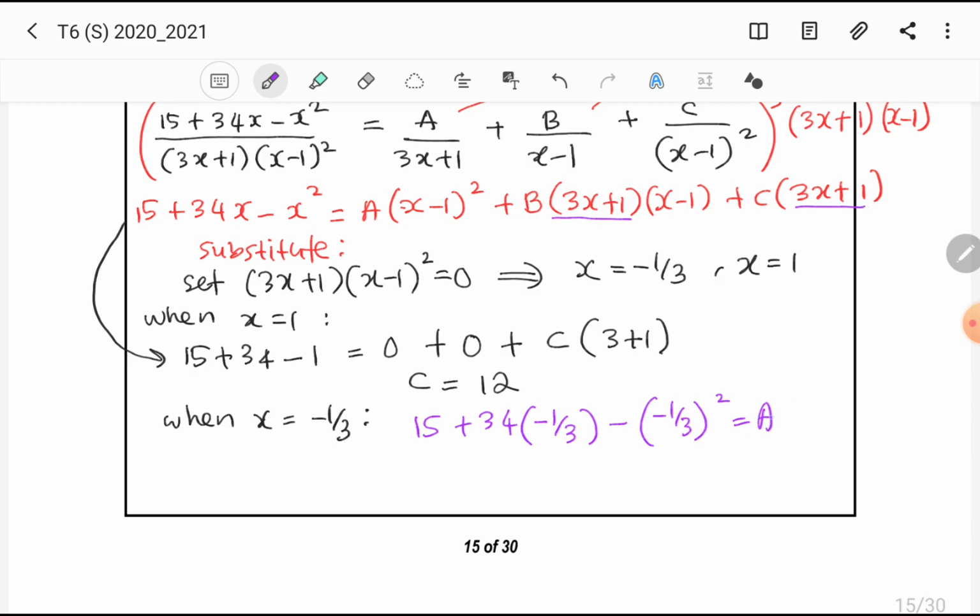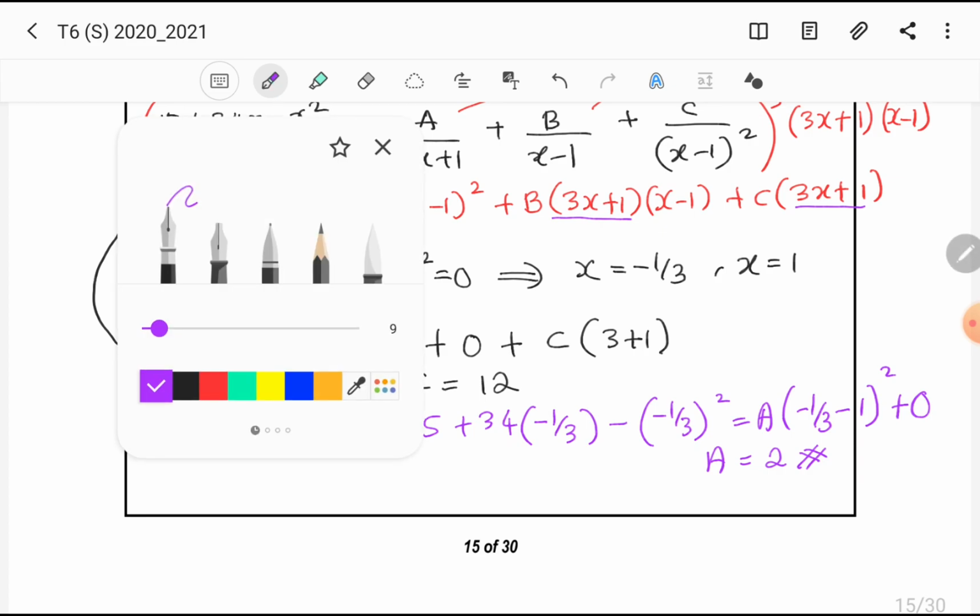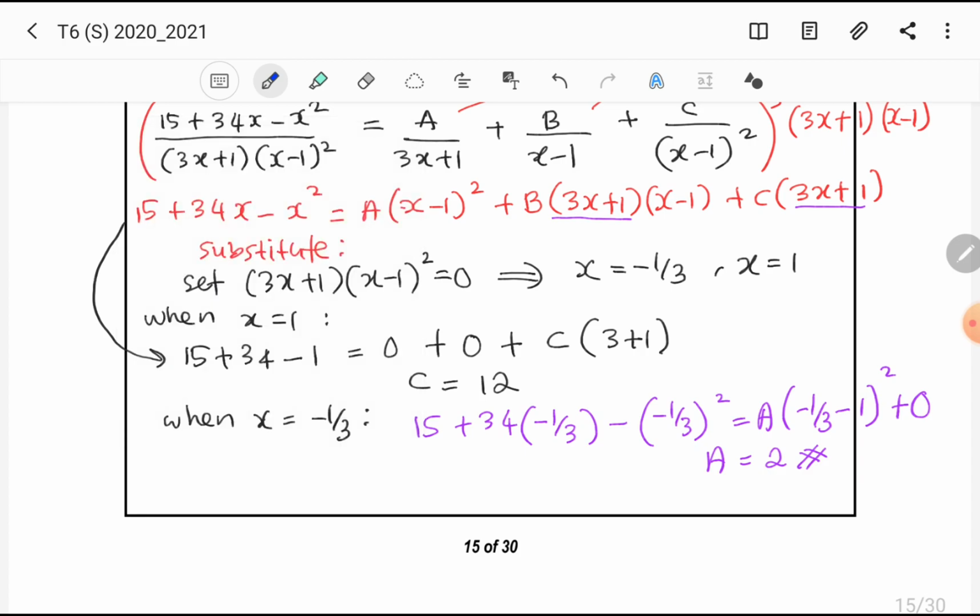So kita akan dapat A times negative 1/3 minus 1 square. Others dah jadi 0. Ya? Okay. So kalaulah awak kira, awak akan dapatlah A equals to 2. Okay. We got A. Lagi, we got C. Apa satu lagi yang belum kita cari? Apa? B.